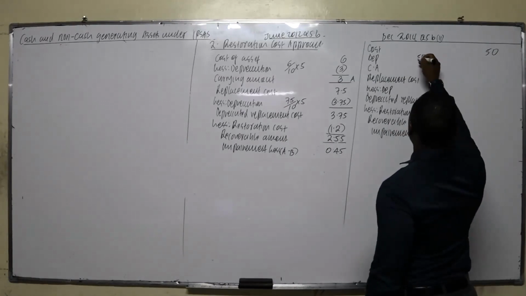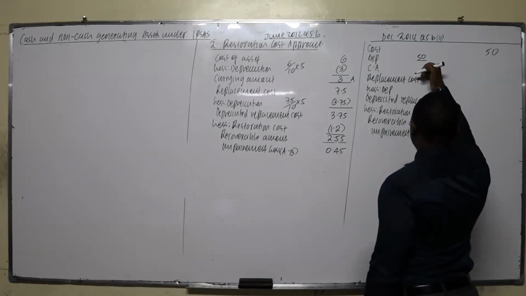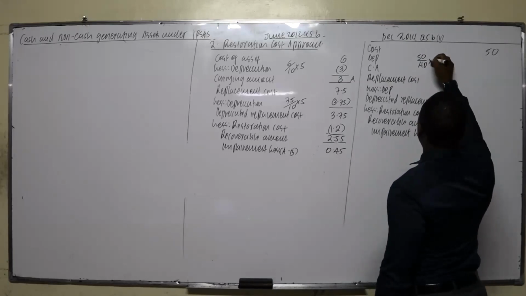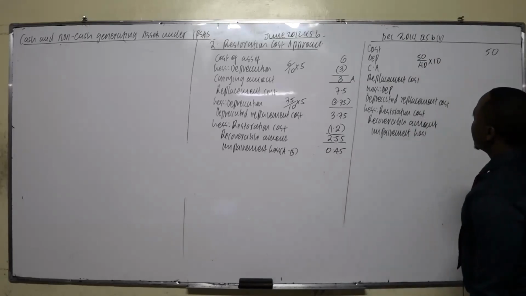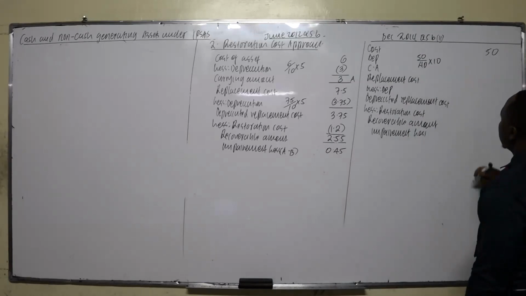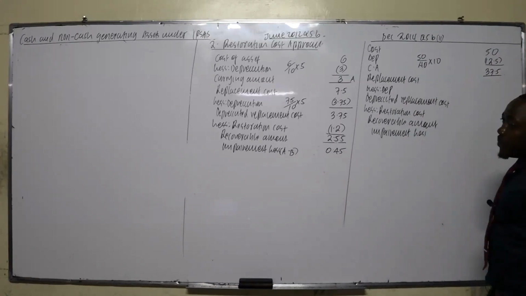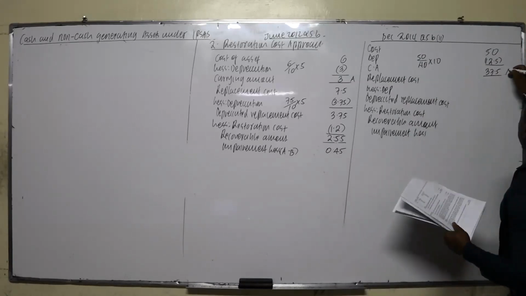So it's 50. The estimated economic life was 40 years. Then we are assessing after 10 years. You get 12.5. So that means how much is the carrying amount? That's 37.5.